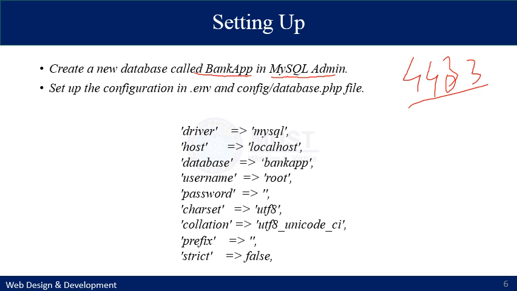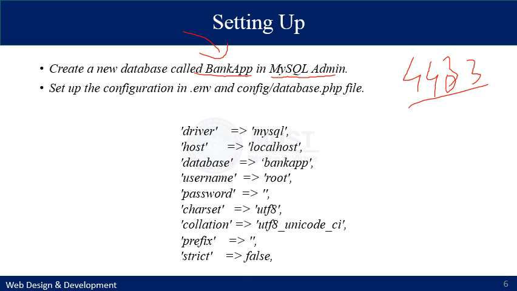You can find out about the port of phpMyAdmin from the XAMPP control panel. Once you are able to load phpMyAdmin in your browser, or you can even load MySQL from the command prompt using the command mysql, you have to create the new database and you can name it, for example, bank app or any other name you want to use.